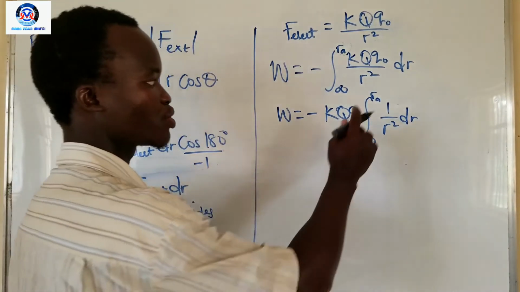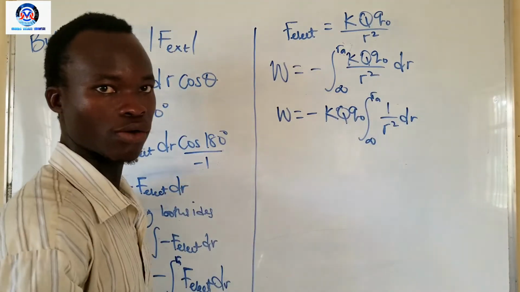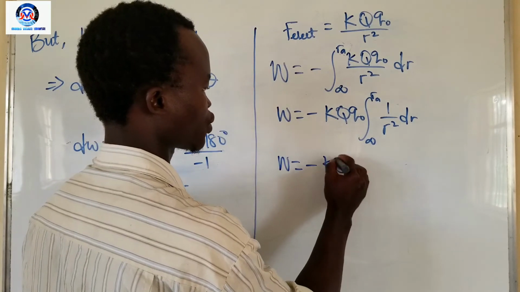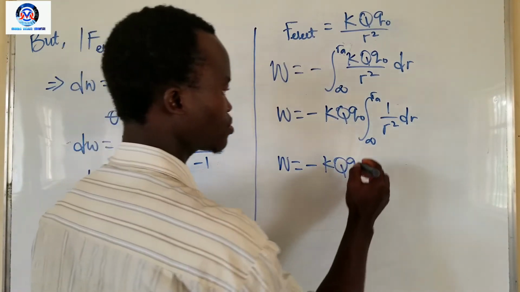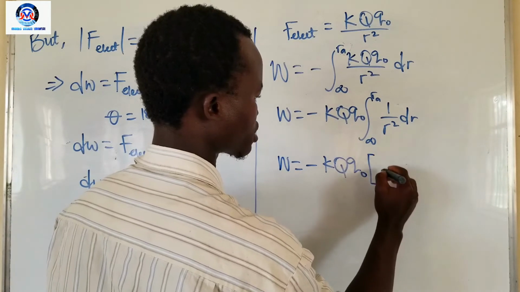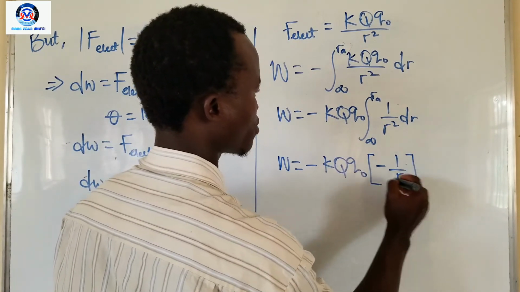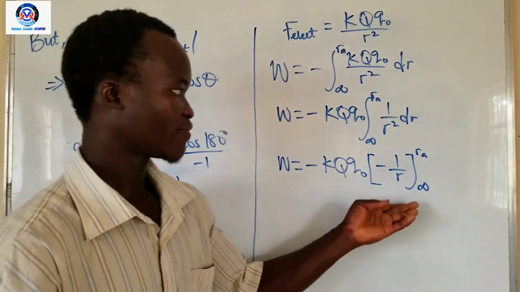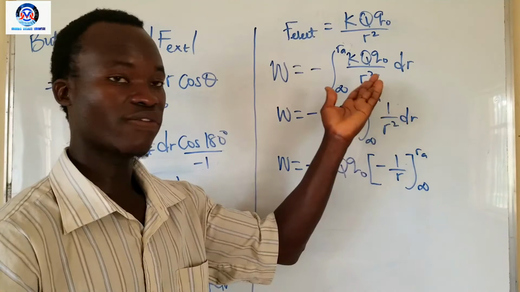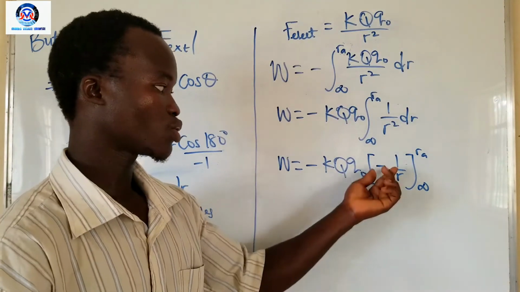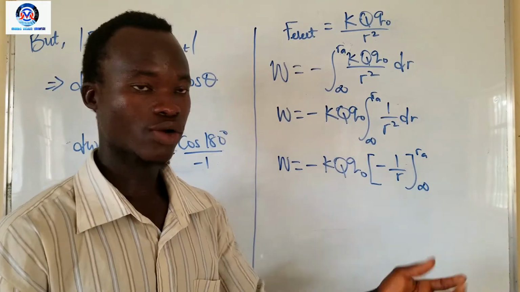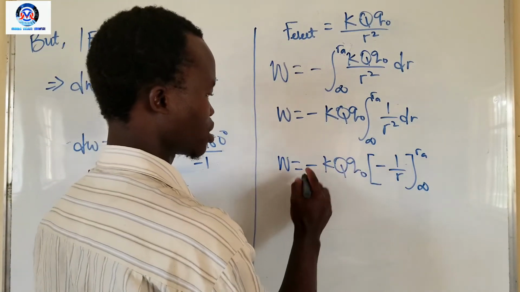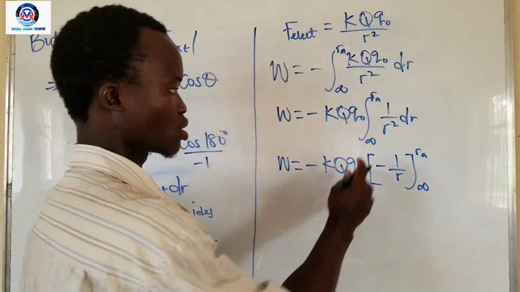So now, when you integrate this with respect to R, we have that our work done is negative K Q naught into brackets minus 1 over R from infinity to RA. Yes, we have integrated 1 over R squared. When you integrate 1 over R squared, we are going to have minus 1 over R. So now, when you multiply these two expressions together, this minus will cancel out this minus.